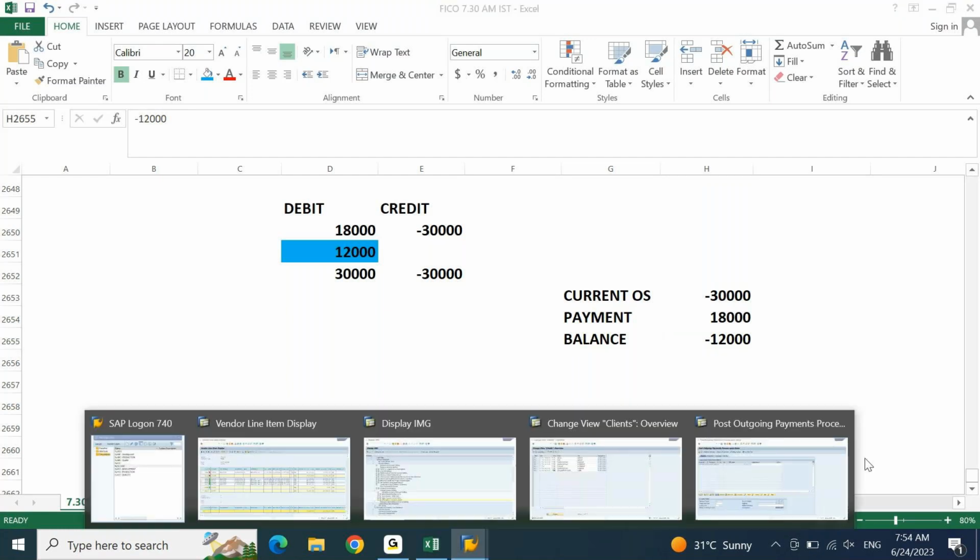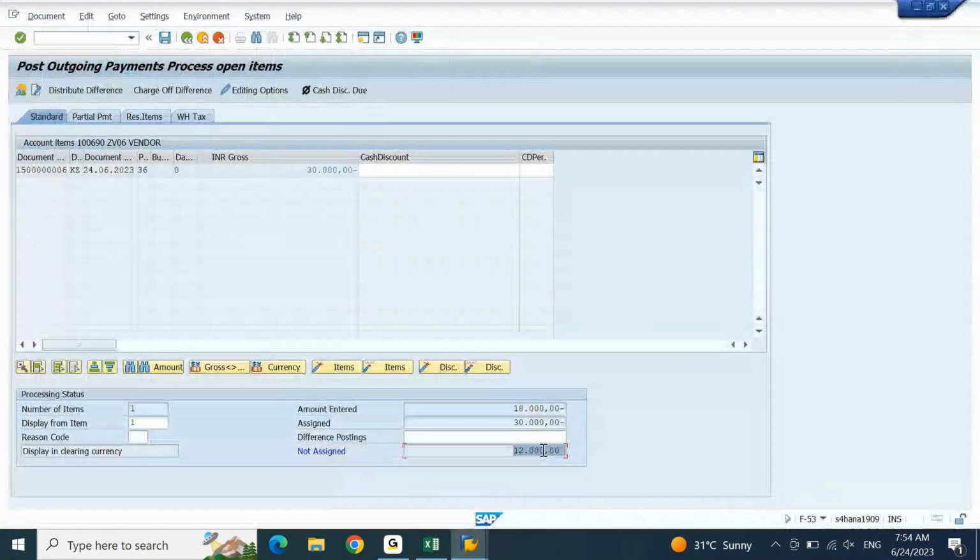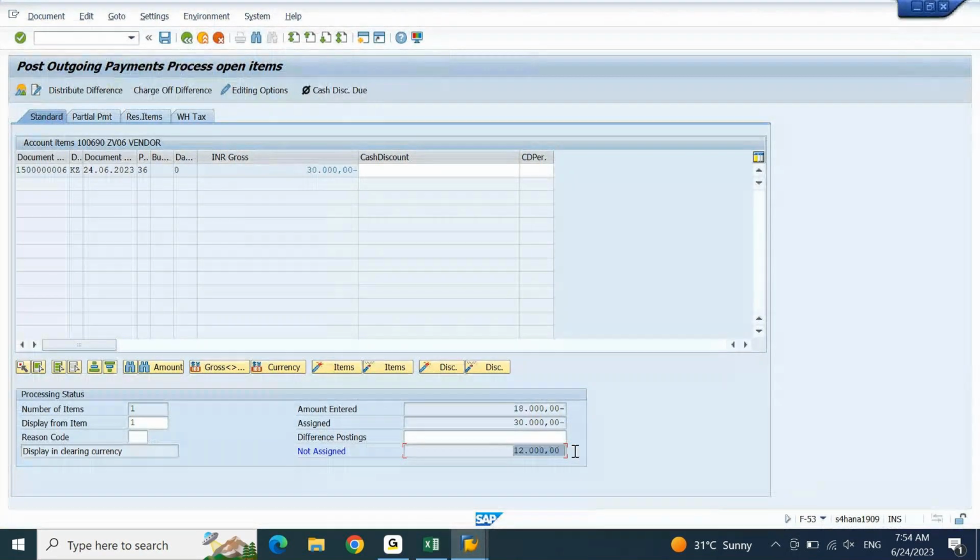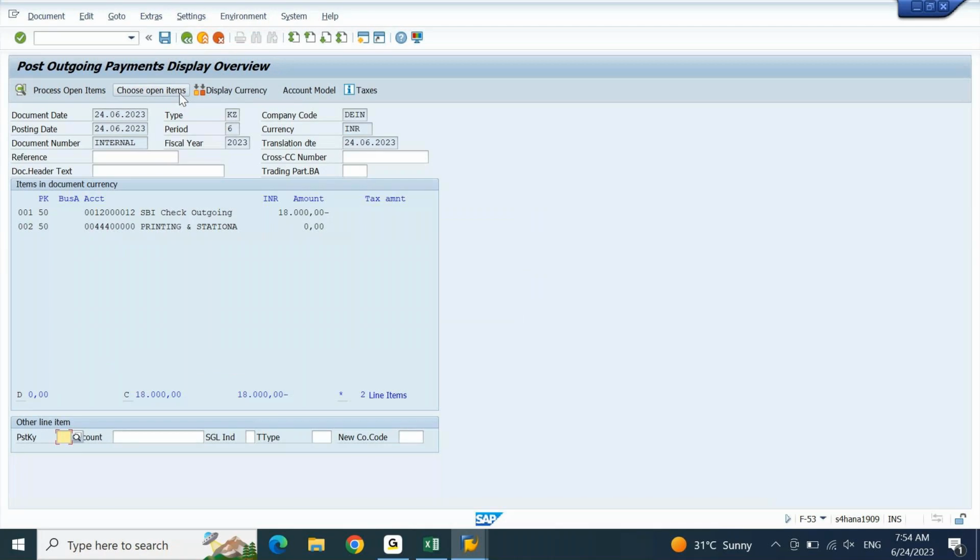Now, when you are doing this 12,000, what are we doing? We are trying to charge off the difference, correct? When you charge off the difference, the entry is automatically posted to the vendor account. You have to see the impact from the offsetting account.